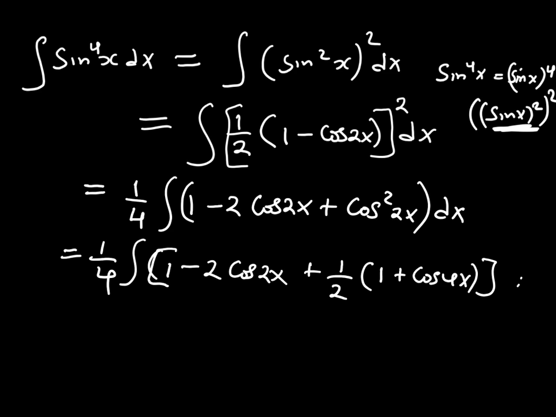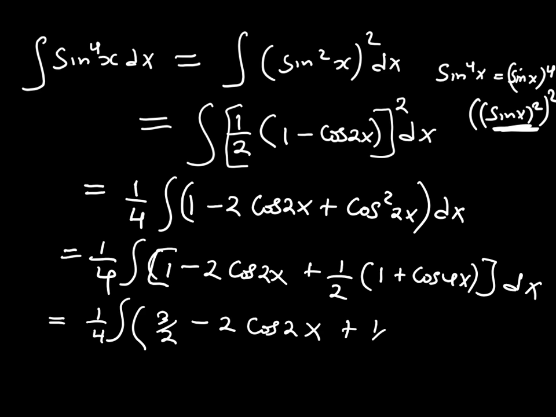Before we integrate, we can still collect like terms. This is a quarter integral, I see 1.5, that is 3 over 2, minus 2 cosine of 2x, then plus a half of cosine 4x by dx.